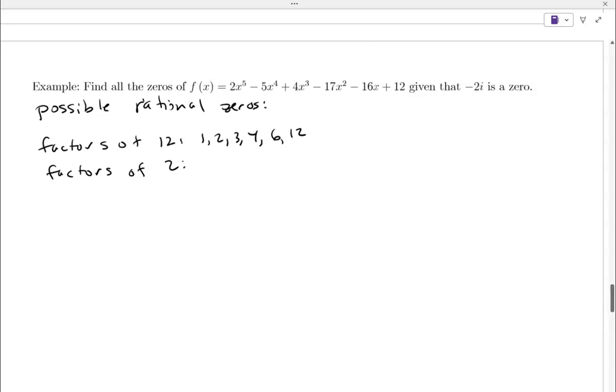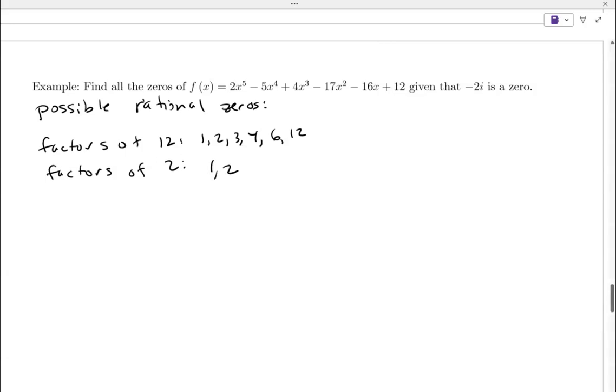Good. Again, they have to occur in pairs, right? So start with 1, go up, and then keep track of the other ones as you're coming down and meet in the middle. 1 and 12, 2 and 6, 3 and 4, and there's nothing in between 3 and 4, right? We're done. Once you meet in the middle there, you're done.